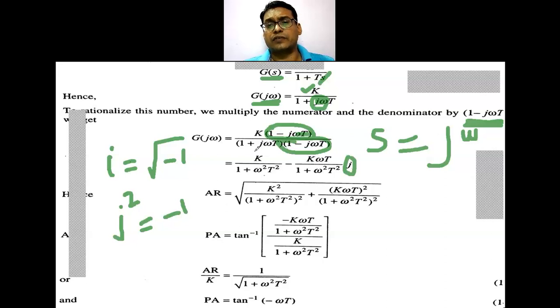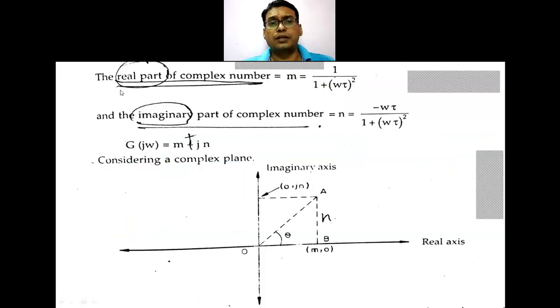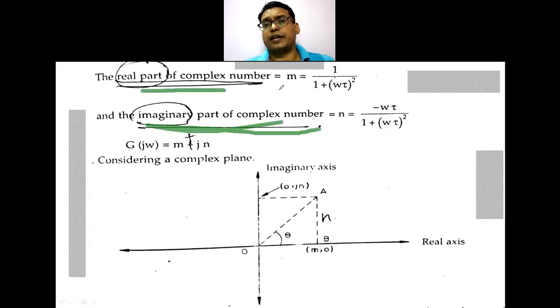So we are going to have the real part of the complex number and the imaginary part of this complex number. Real part is defined as m, which is equal to 1 upon 1 plus omega square tau square, and the imaginary part of the complex number n is equal to minus omega tau upon 1 plus omega square tau square.